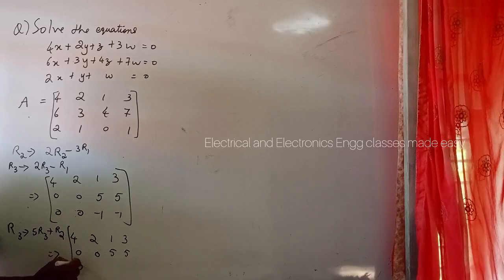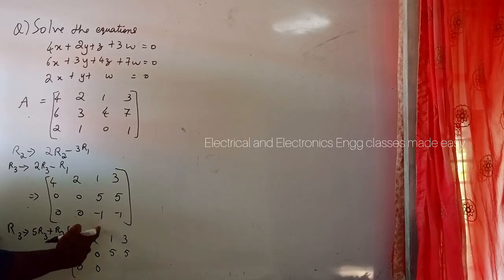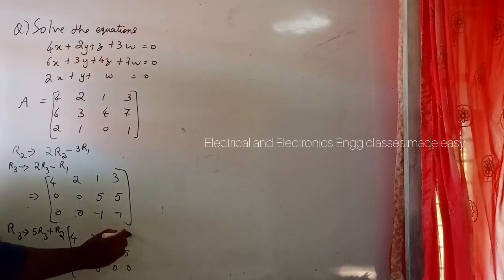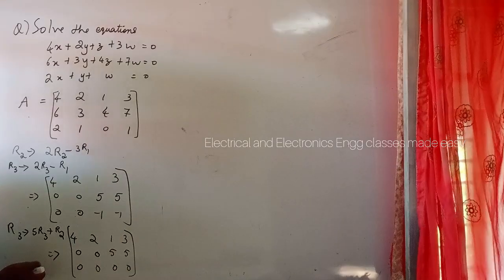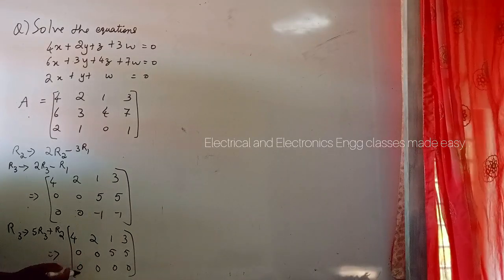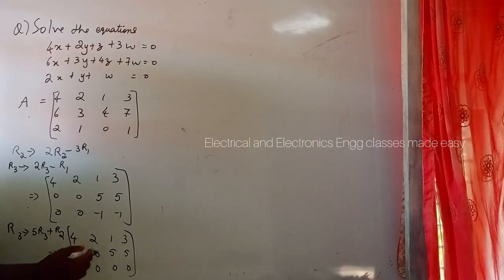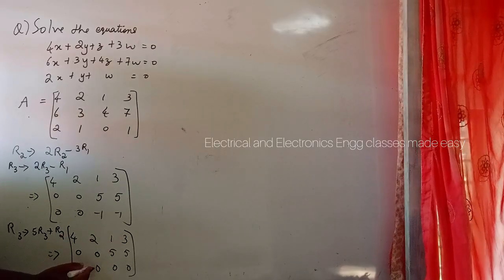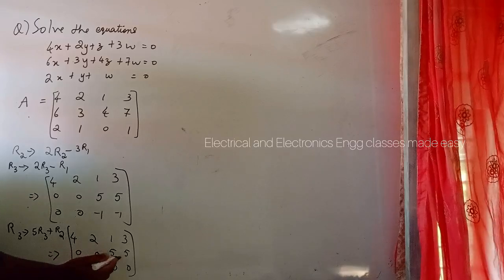Then here 0, 0. Then here we will get 0, 0. So here this is the reduced form of this matrix. So here number of non-zero rows are 2.